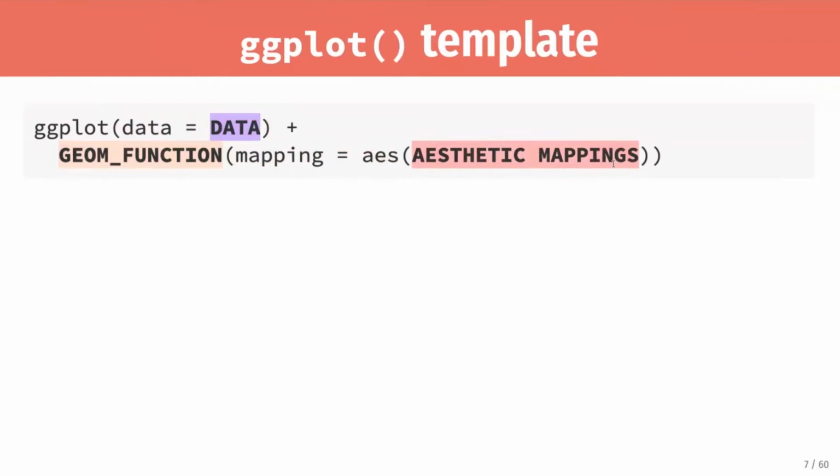So here you would say x equals something, y equals something, color equals something. And then it gets shown as some sort of geometric shape. So that's the general outline or template. You have to feed it data, mappings, and geometric shapes.